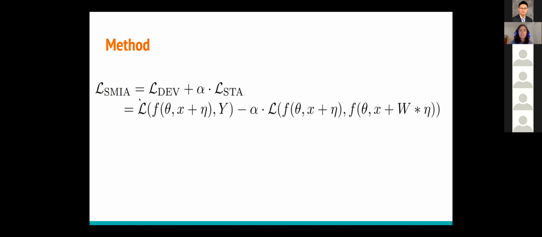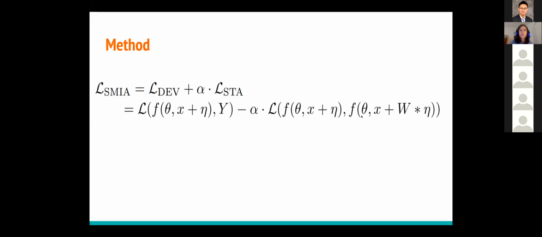So this means the new loss value for this stabilized medical image attack approach will be the deviation term plus a stabilization term multiplied by some alpha. And this alpha is just how much emphasis we want to place on the perturbation being stable. So here we have our original deviation term, which is just how much the perturbation differs from the ground truth.